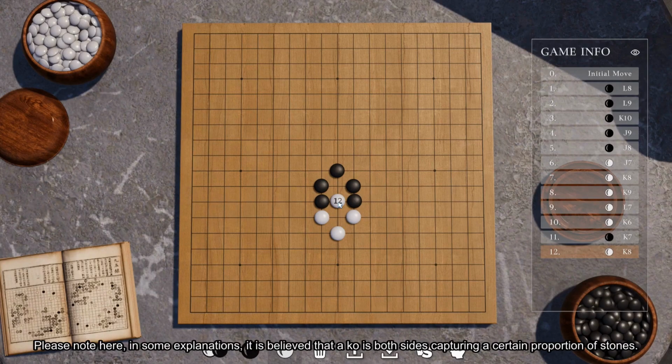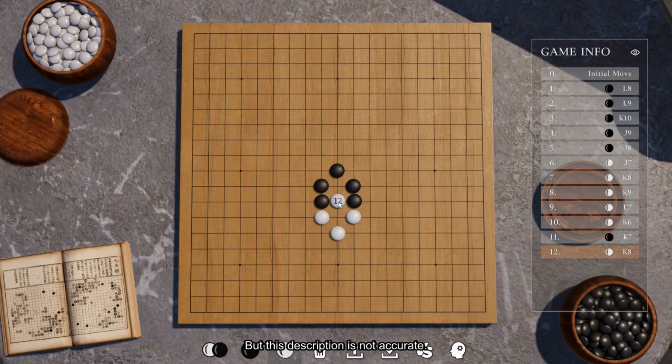Please note here, in some explanations, it is believed that a KO is both sides capturing an equal number of stones. But this description is not accurate.